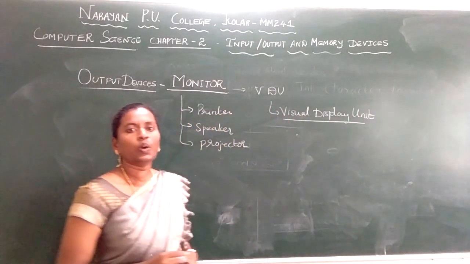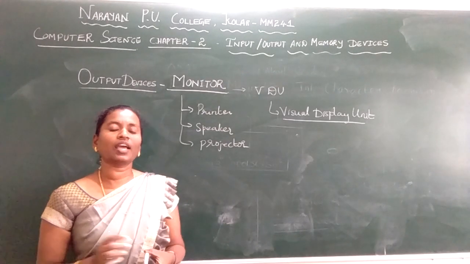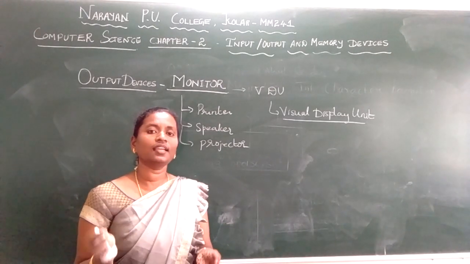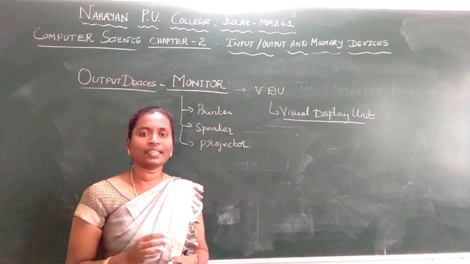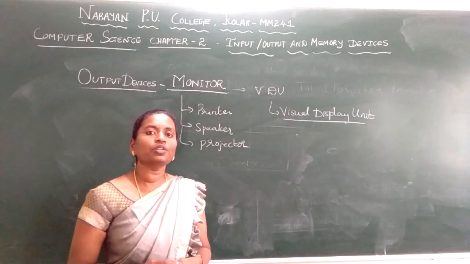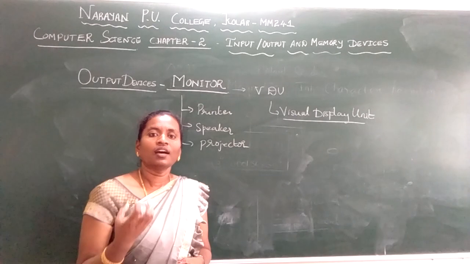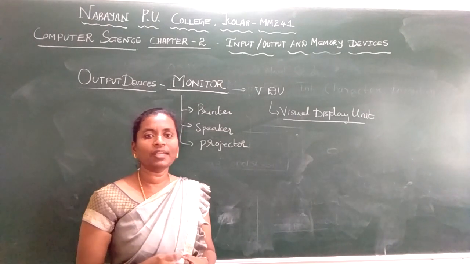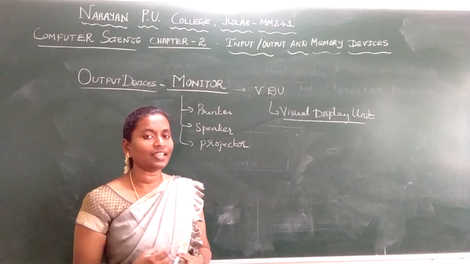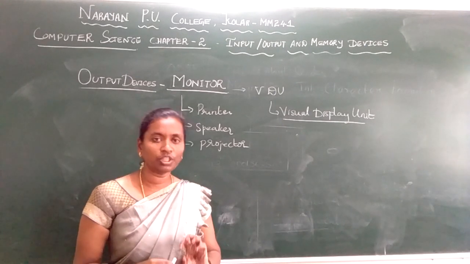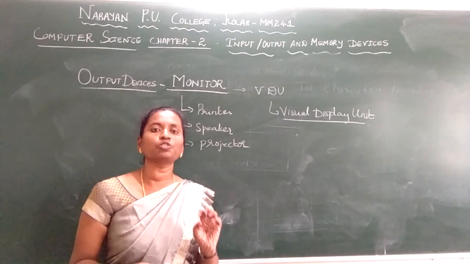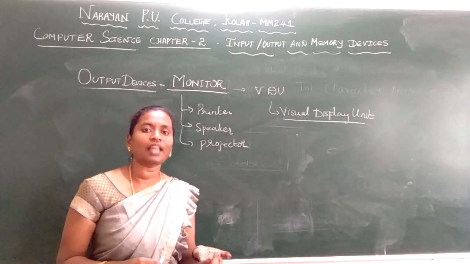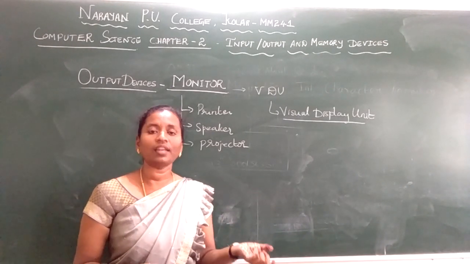Now, when I spoke about the input devices, I told you input devices are used to feed data into the computer. The data will usually be in a human understandable form. It will be in English or in Kannada. Similarly, when I display the data to the user, the data should be in a human understandable form, in a language like English, Kannada, or the normal languages.